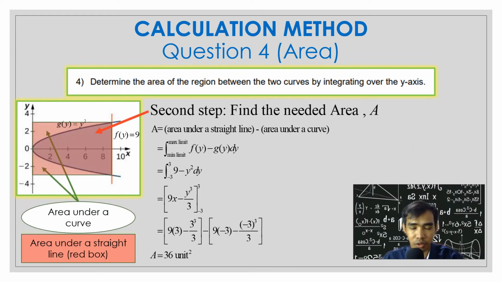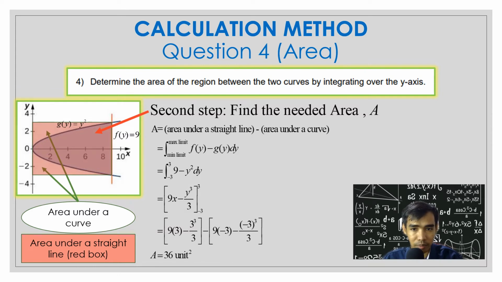We continue to the second step. What we want to find is the coloured area. The right equation is x equals 9, or function f(y) equals 9, and the left equation is g(y) equals y squared.